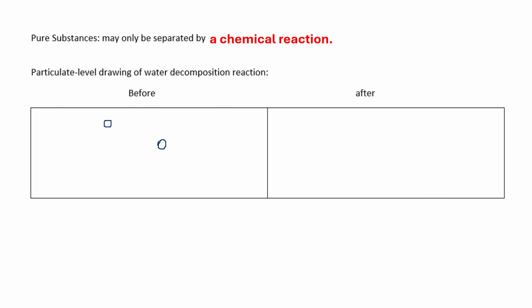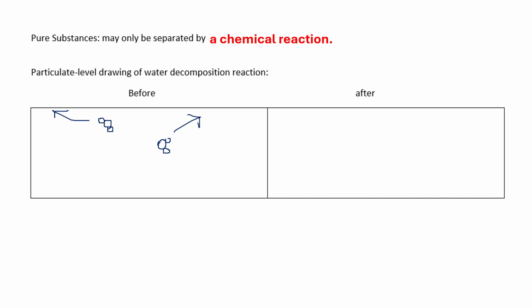So a water molecule is just made up of two hydrogens and an oxygen. So it would look kind of like this. All right. So I've got two water molecules. Now, if the sample of water were to simply boil, all that means is they just sort of head off in opposite directions. It doesn't actually change the water molecules themselves, because that's just a physical process.